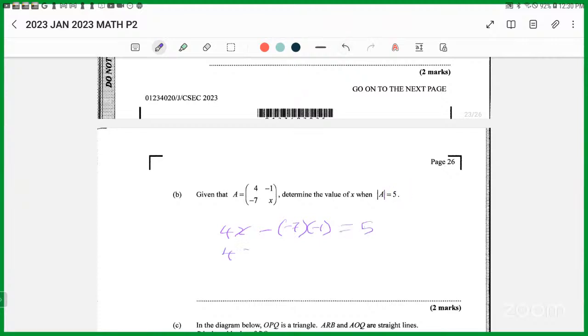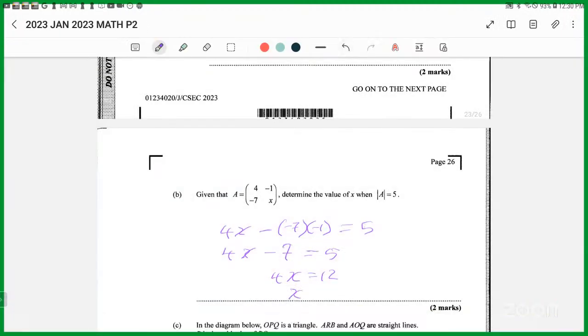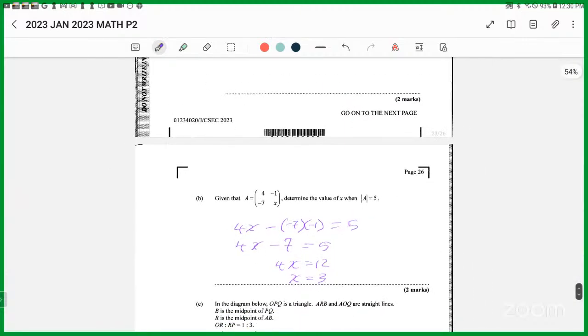This is 4x minus this -7 times -1 becomes a +7. This is equal to 5. Carry this 7 over here, add it to the 5, we get 4x equals 12. And then divided by this 4, we get x equals 3. All right, that is that.